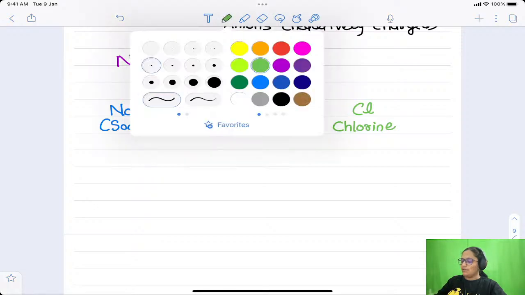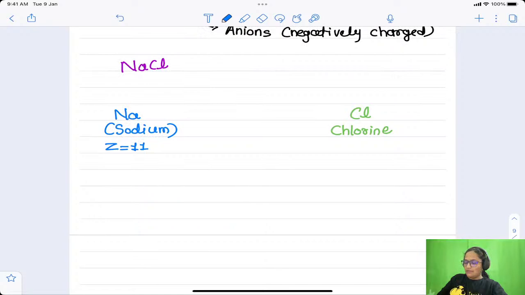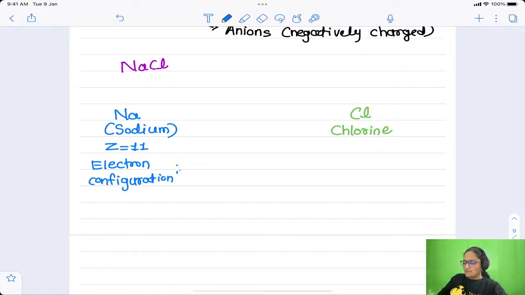Their atomic electron configuration I will write down. Sodium atomic number is 11, and its electron configuration is 2, 8, 1.